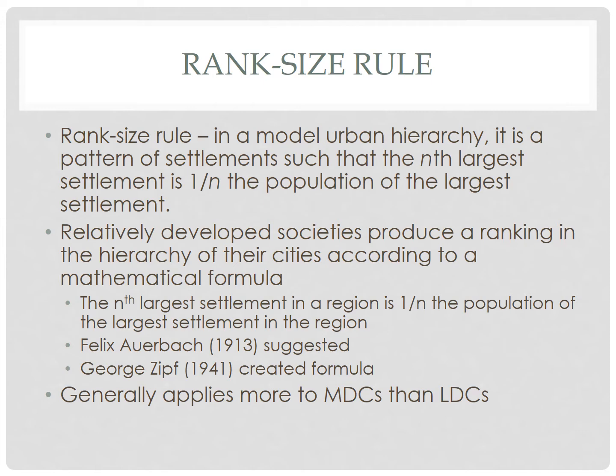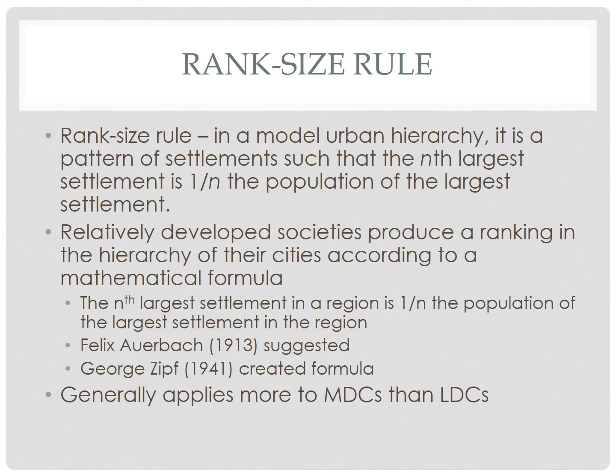All right. And so it's just a way of predicting those things and saying that in an ideal urban setting, the population sizes will decrease as settlements go. And later tonight, we're going to talk about the impact of that. Now, Felix Auerbach was the first one to suggest that there was a hierarchy here in terms of population numbers.